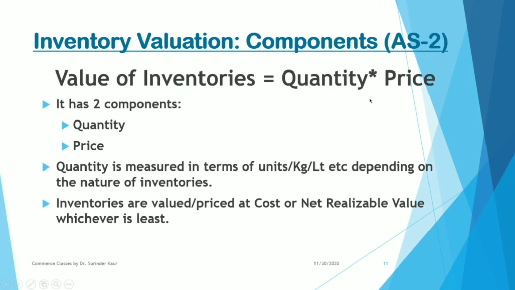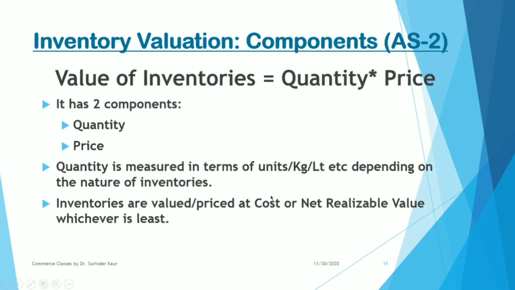Now, when we talk about the measurement of the quantity, there is a system of inventory measurement. You might have a periodic system or a perpetual system. Under both systems, inventory's quantity is measured, then it is multiplied with the price. Now when we talk about the price, again we have different types of prices. Even when we talk about, say, cost, we might not have one figure of cost in a year. We might have a whole flow of costs.